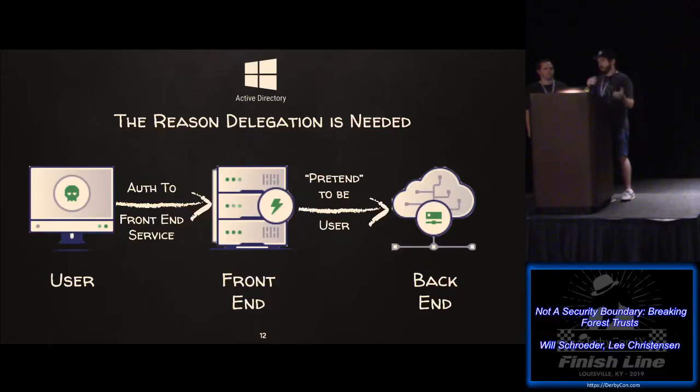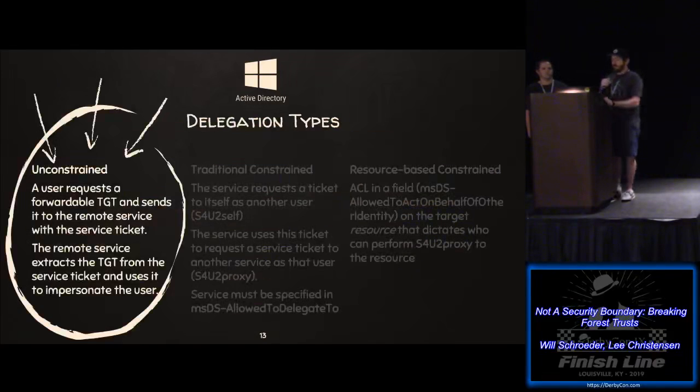So this is a common scenario that arises in enterprises and arises in these architectures, because we've talked to some people and they're like, why is delegation even enabled in AD? Just for the same reason you can do token impersonation on hosts. This is a needed primitive where certain services need to be able to impersonate and pretend to be other users to a different service.